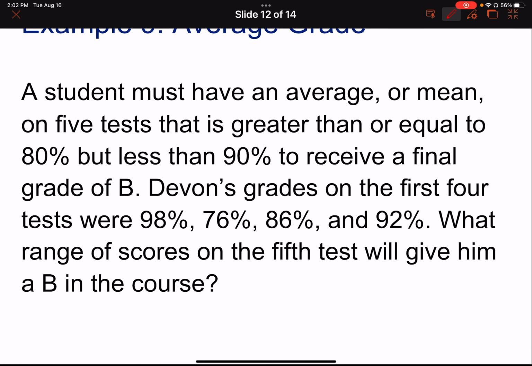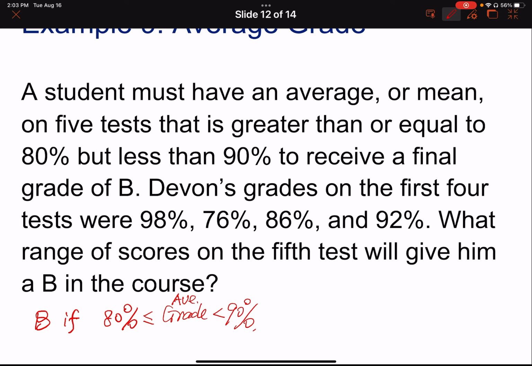Okay, so let's look at this application problem here. Suppose we use the regular grading scheme, where a letter grade B is assigned if the average grade is greater than or equal to 80 and less than 90%.